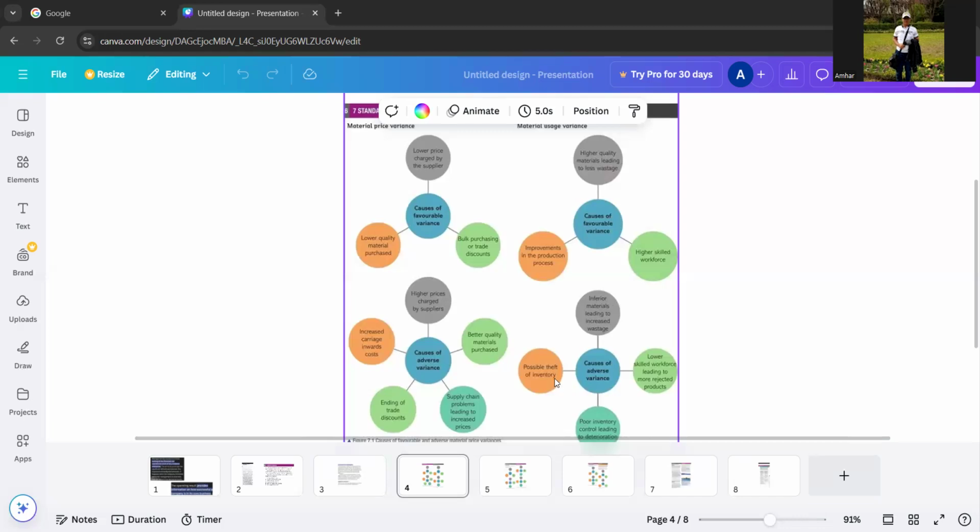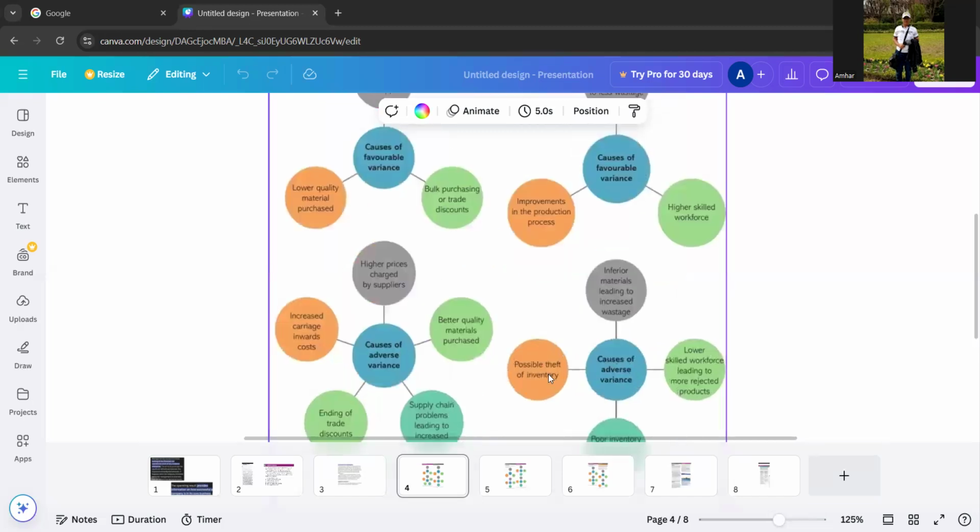And the second one is possible theft of inventory. So when there is possible theft of the inventory, then also it will cause adverse variance. The third one is lower skilled workforce leading to more rejected products.